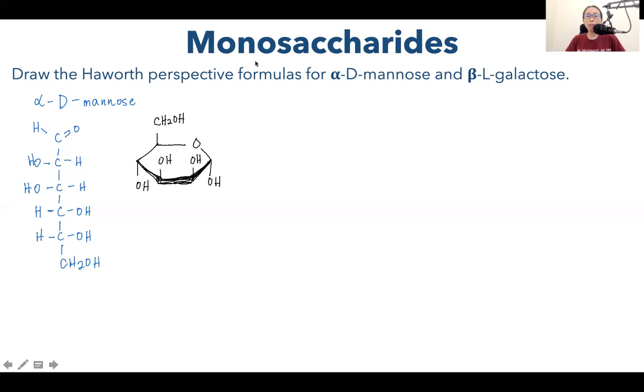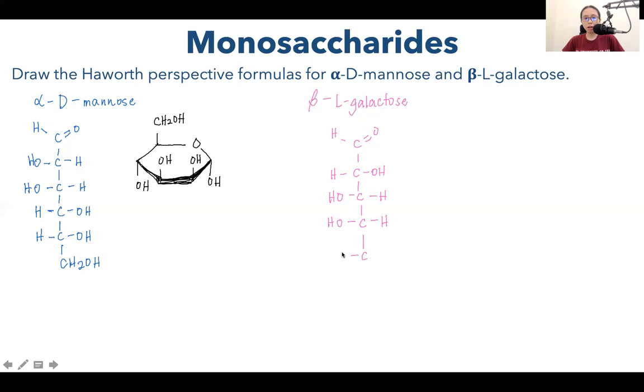Next, beta L galactose. Again, let's draw first the linear structure of beta L galactose. This is the L isomer.